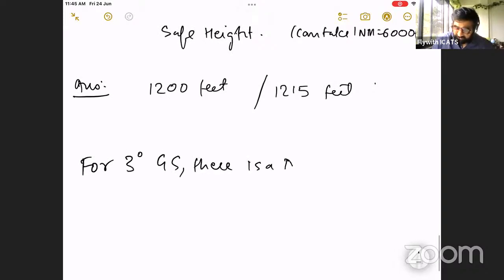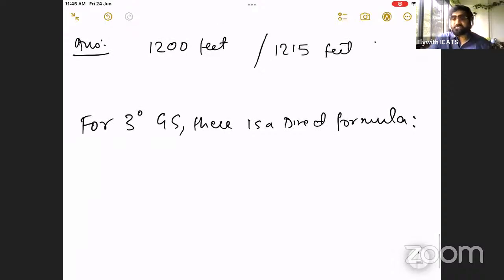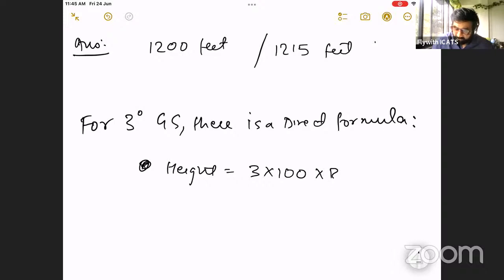You can use the direct formula also, or you can use the other formula. It depends. What is the direct formula? Height is equal to 3 into 100 into range in nautical miles.